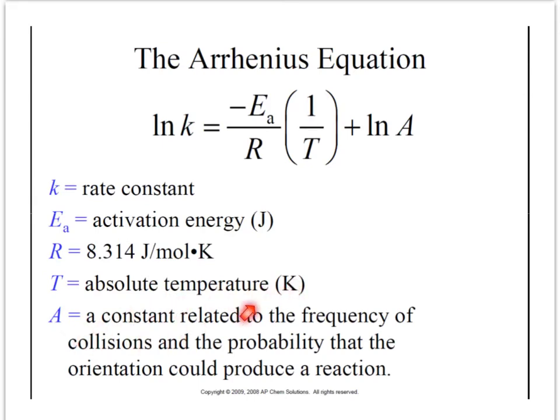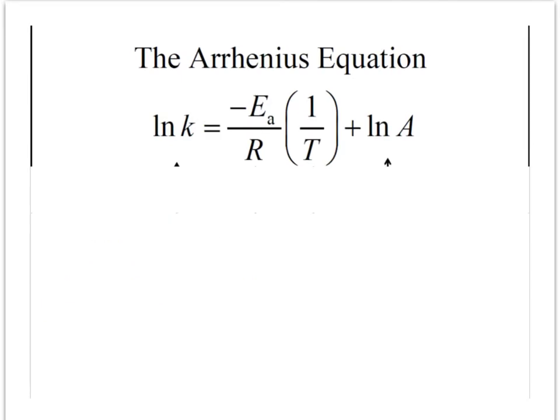And then A is a constant that's related to whatever reaction we're talking about. That's something you would either have to calculate or something that would be given to you, and it depends upon the reaction. It's related to what kind of collisions are required for the reaction to proceed, whether they need to be hit really hard or hit with a certain angle, that kind of thing.